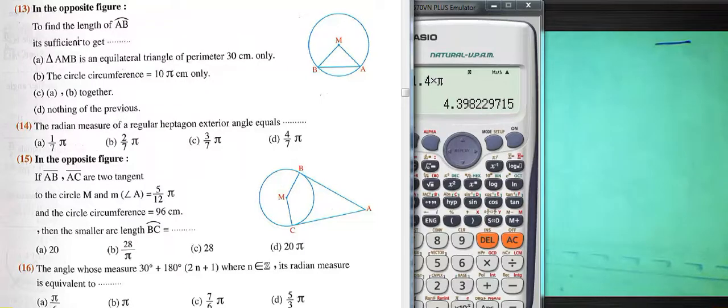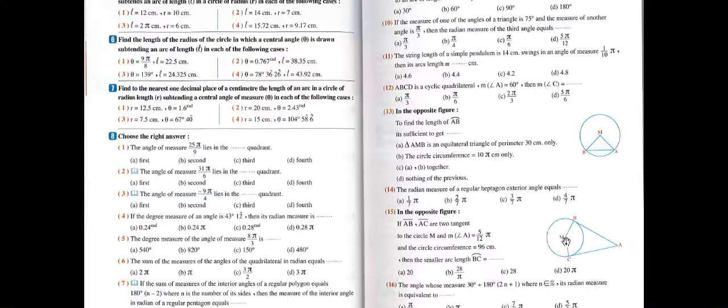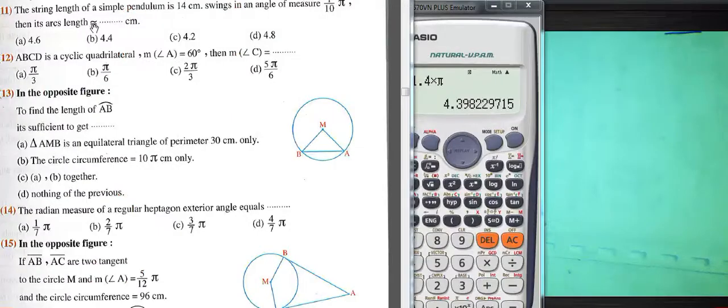In the opposite figure, to find the length of AB, it is sufficient to get number 1. Letter A: triangle AMB is an equilateral triangle of perimeter 30 cm only.